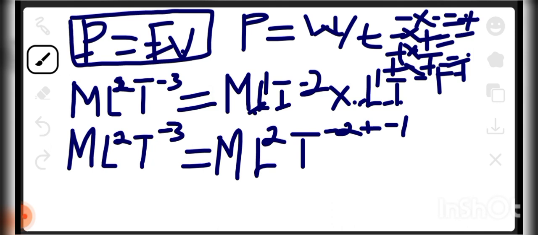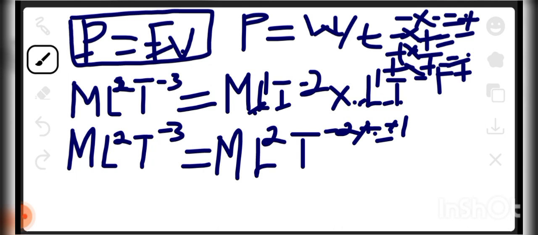So if the two signs are not the same, the answer will be minus. If the two signs are the same, the answer will be plus.